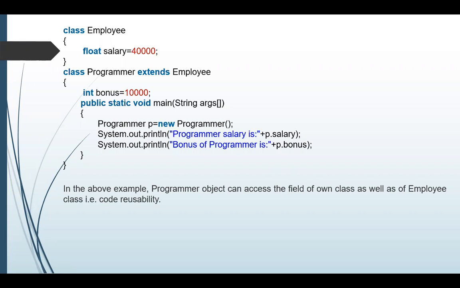The other 99 people, or 59 or 60, whatever people are present in the team, whenever they create departments, they need to use the employee class for their salary.